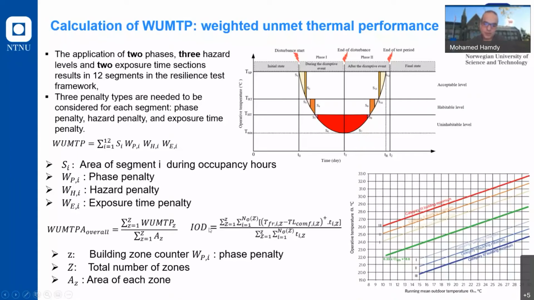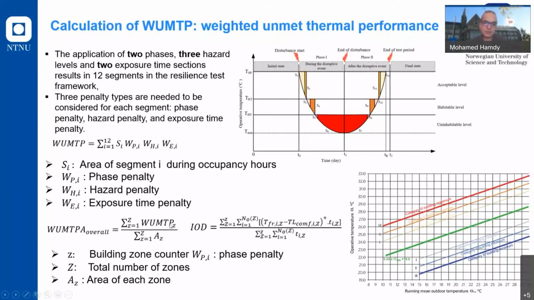So with the indoor overheating degree, which shows the difference between the condition and the limit that fits each zone, we consider the indoor overheating degree for each zone separately, and then combine them all together. This is how we quantify it for different zones. After that, we consider the degradation of this indoor overheating degree for different phases of resilience. That means we also have different phases and different segments, so this is another accumulation to consider overheating or undercooling at all these segments.